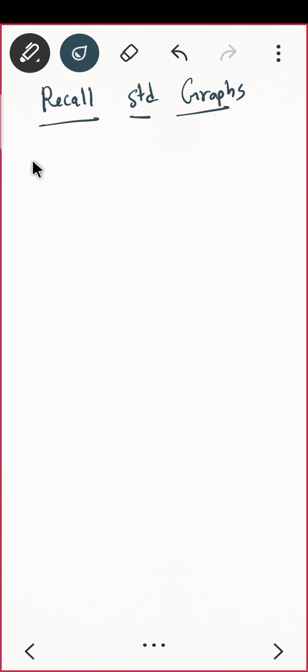Now before going to the actual problems, let us recall some standard graphs. First, the straight line.